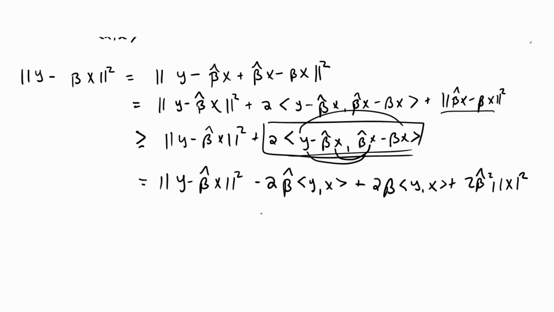And then minus 2 beta hat beta norm of x squared, and that is from that term right there.